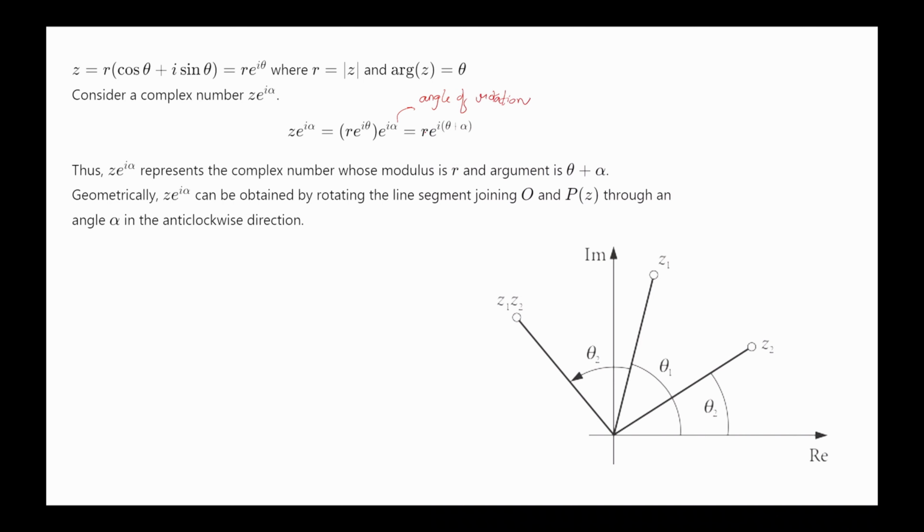So the new complex number that has been rotated would become r e to the power iota (theta plus alpha), and my new argument here is basically theta plus alpha. However, my modulus is going to remain the same.